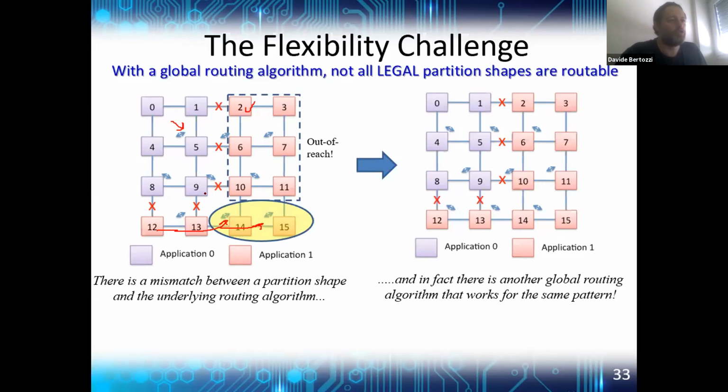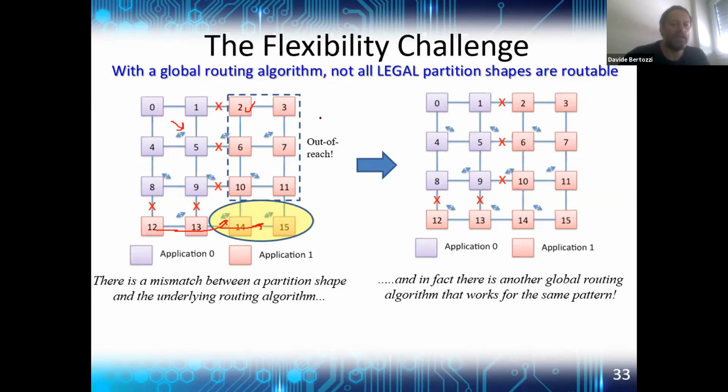We don't want to customize the routing algorithm for this partition shape, and that's why we are in trouble. Now this partition shape is not compatible with the underlying routing restrictions, with the underlying global routing algorithm.